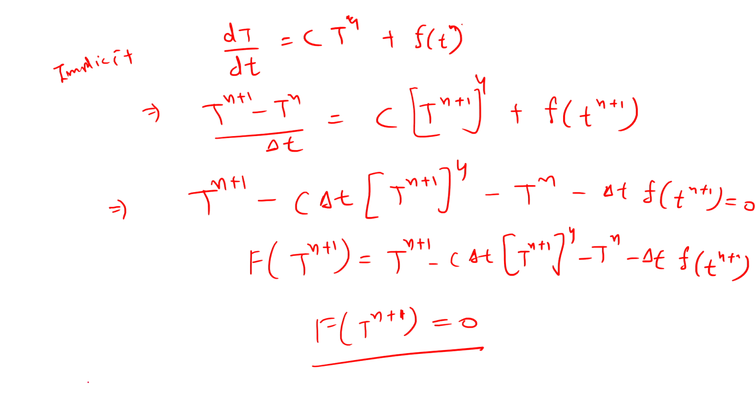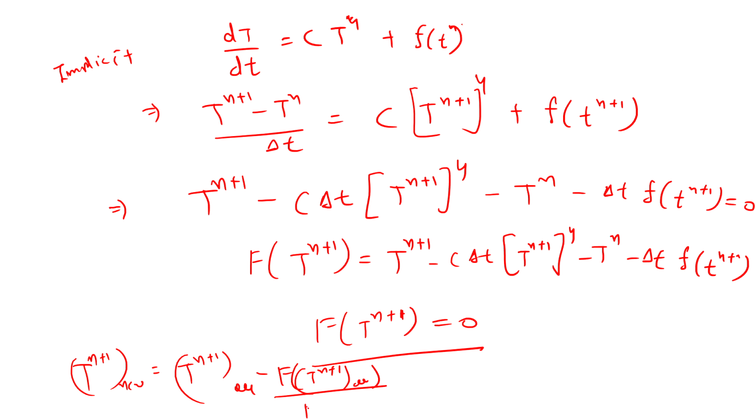I will find T^(n+1) new is equal to T^(n+1) old minus f(T^(n+1) old) divided by f prime (T^(n+1) old). So this is my formulation.